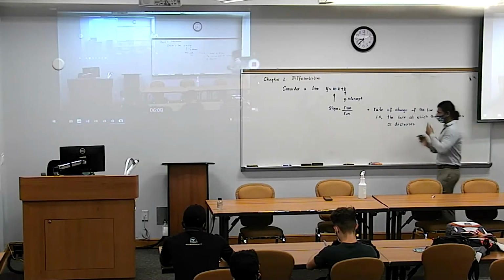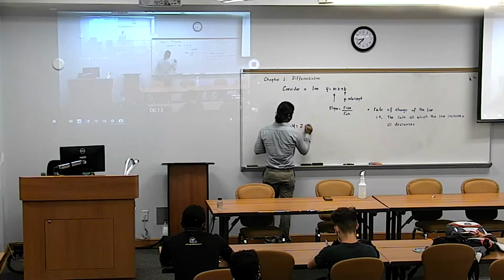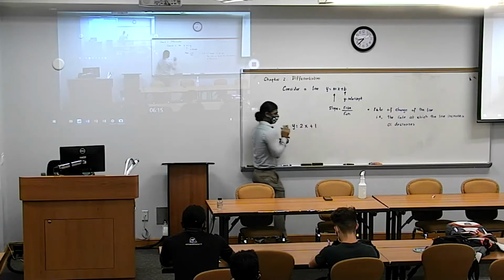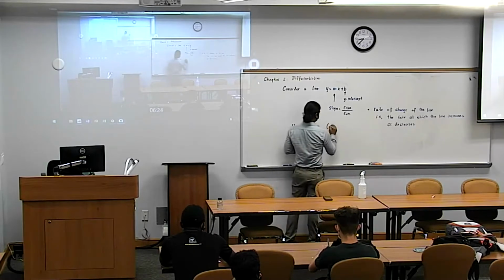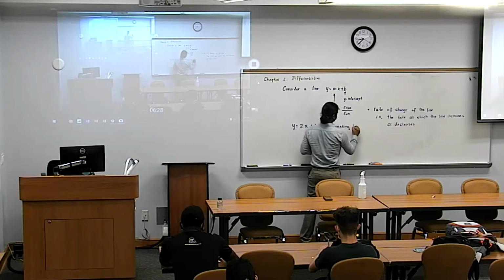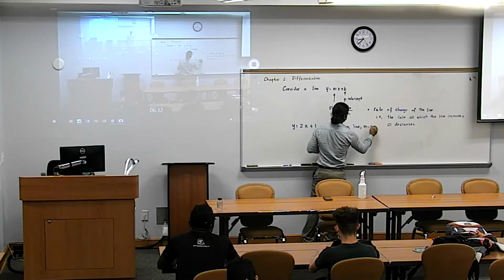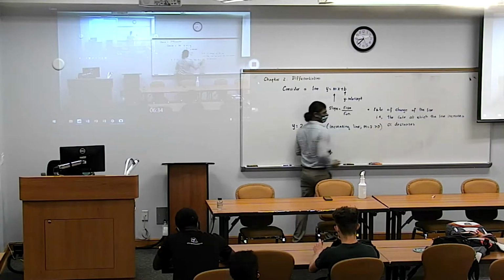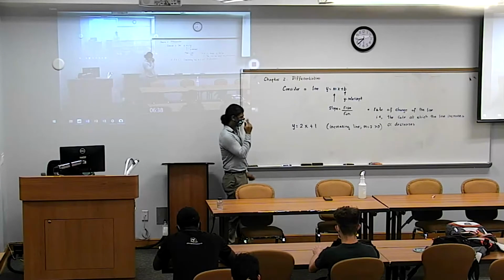Now, if y is 2x plus 1, do we have an increasing line or a decreasing line? Increasing. M is 2, which is greater than 0. M is positive, so it has to be increasing.